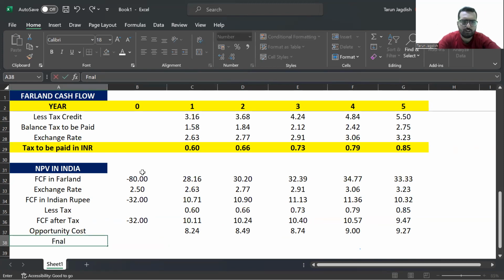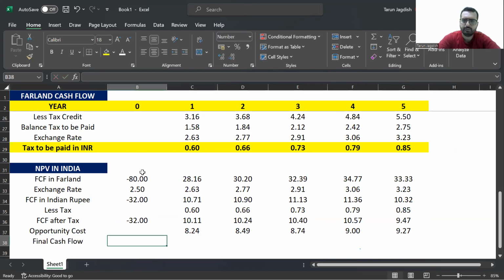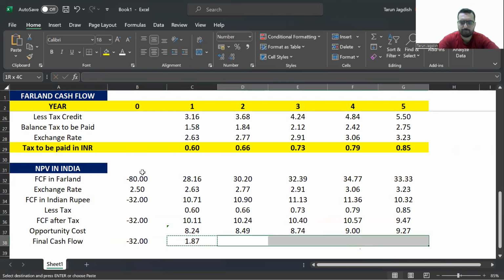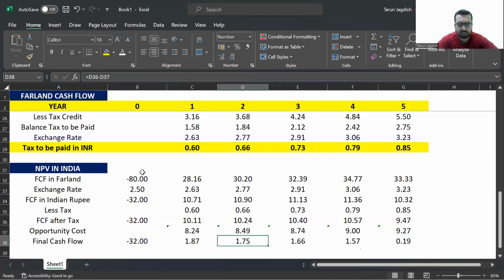So I'll write down over here final cash flow. Here you have minus 32. From this I'll reduce my opportunity cost. 1.87, 1.766, 1.59, 0.19. Let me confirm. Hold on, it's 8 lakhs, so not 8 million.